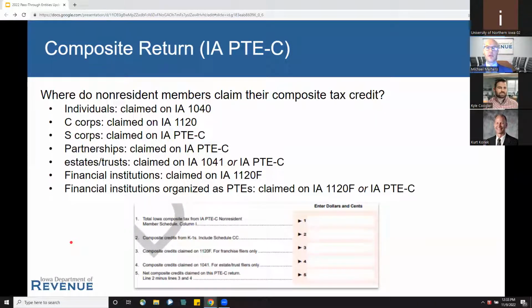So it could be that the non-resident member does not itself have a composite return filing requirement, but if it receives a composite credit from another entity, it may need to file a composite return only to claim that refundable credit that it is due.